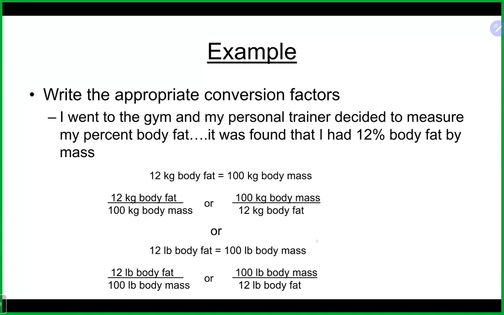You could also do more of an English conversion. 12 pounds of body fat is 100 pounds of body mass, so 12 pounds of fat divided by 100 pounds of mass, or 100 pounds of mass per 12 pounds of fat, basically.